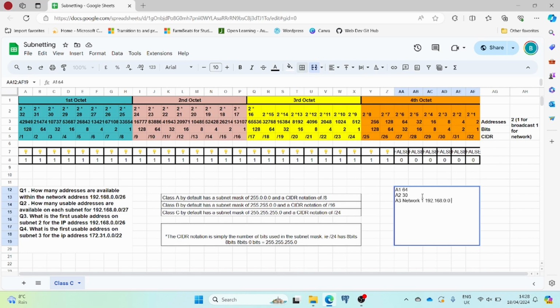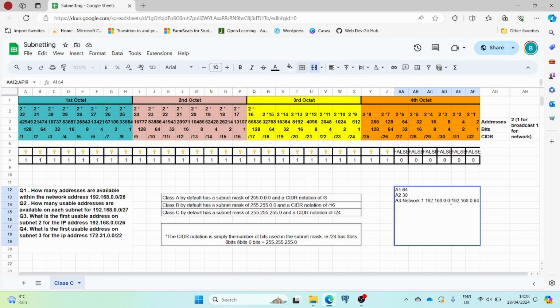192.168.0.0. How I work this out is the 26. I'm using 26 bits, and I'm going to the right of that for the range. So I know that the next network address will be 192.168.0.64.